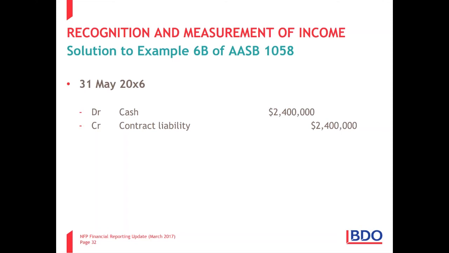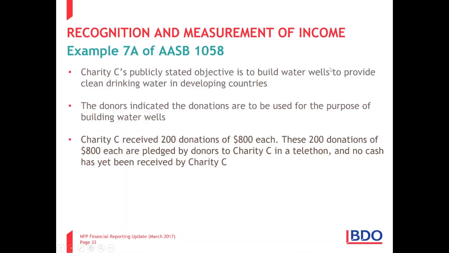Therefore, in this situation, we will debit cash 2.4 million and credit a contract liability in terms of AASB 15 for 2.4 million. As we now deliver on our promises, we would debit our contract liability and credit income.